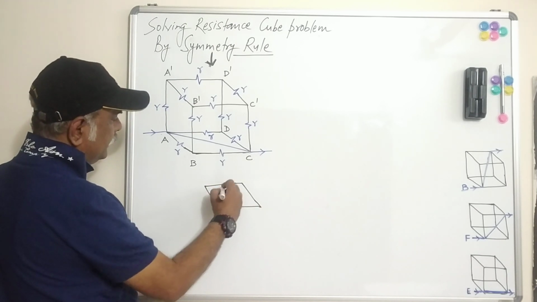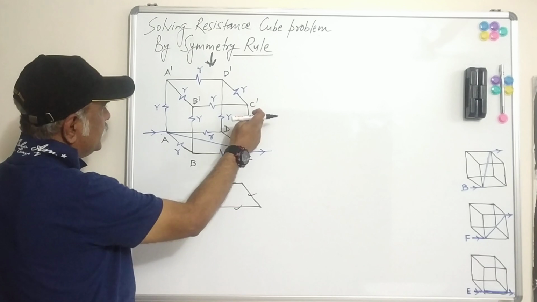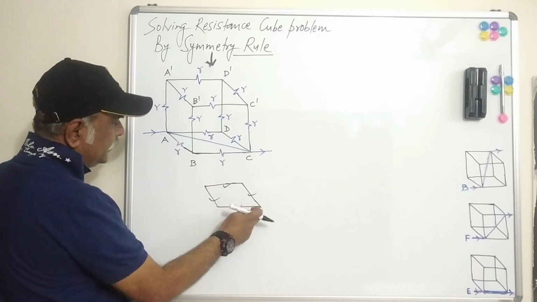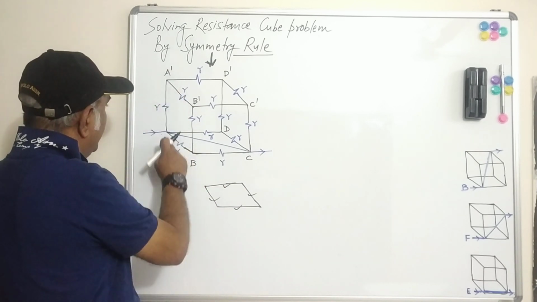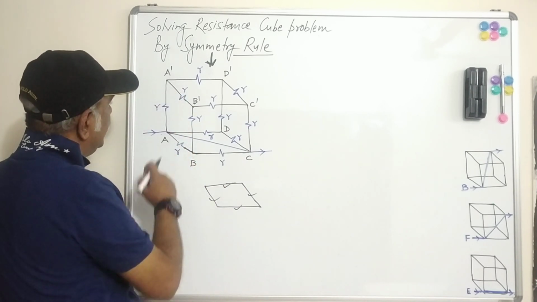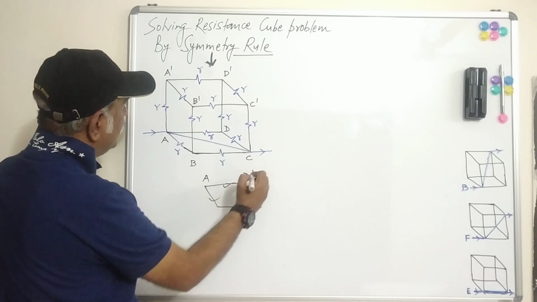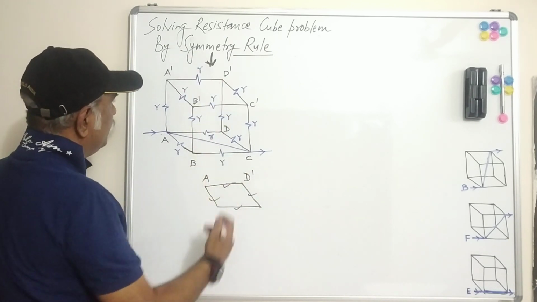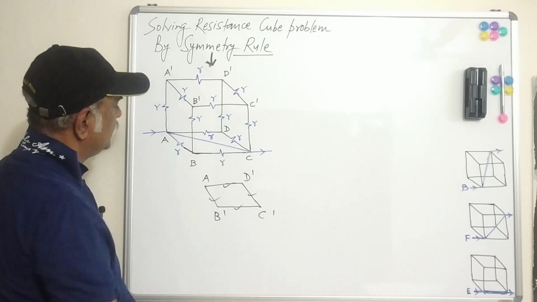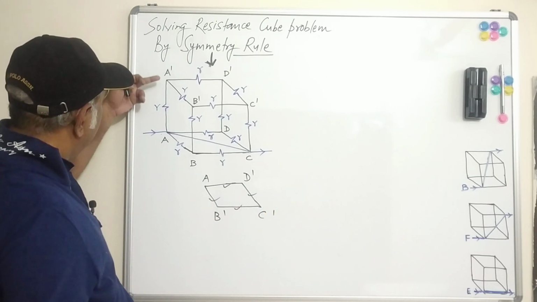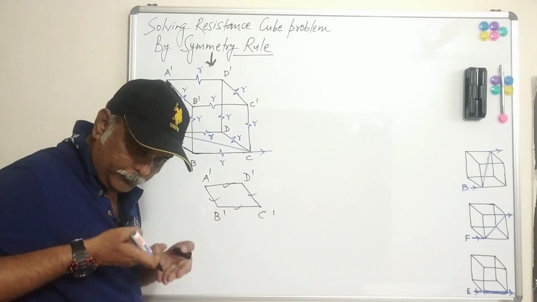And all resistances will be appearing here, here, here, here. So the points A dash, D dash, C dash, B dash will be marked like this, isn't it? A is just below A dash, so A and A dash will be one and the same. If you are actually drawing the diagram, that is, you are seeing the top view, then it will look something like this. So A dash and A are in line and you are looking from the top.